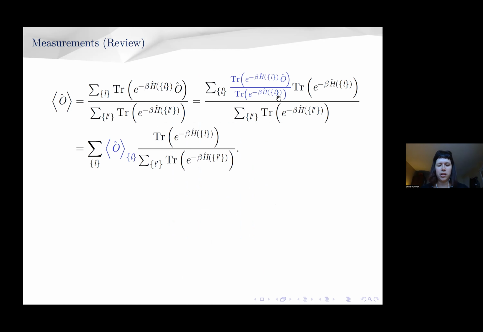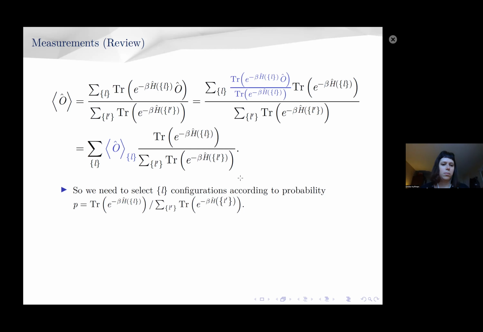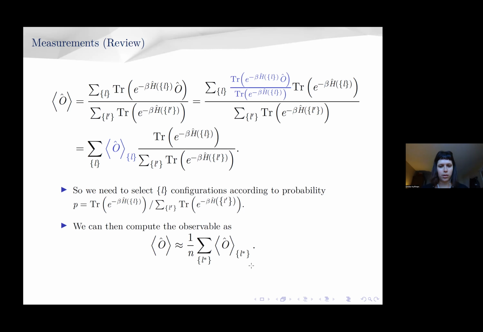The numerator and the denominator are both the weight of a particular configuration. And that allows us to combine this into an observable operator for a particular configuration. Again, we select configurations according to the probability we want, and then we can compute our observable using these L star equilibrated configurations.